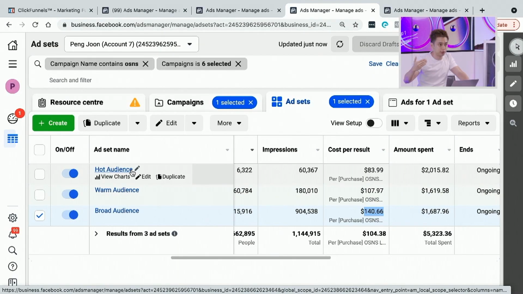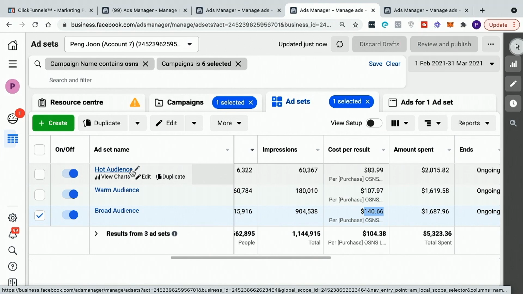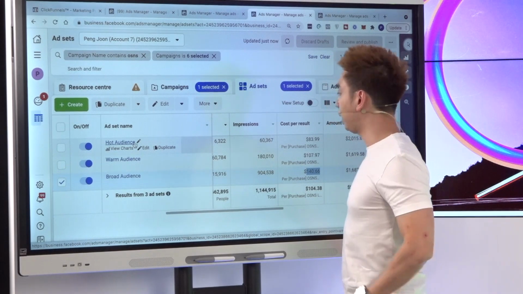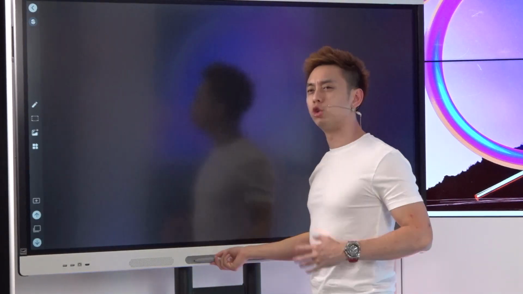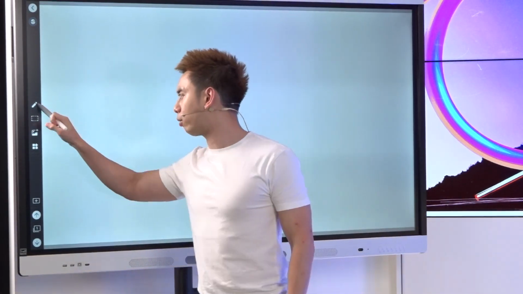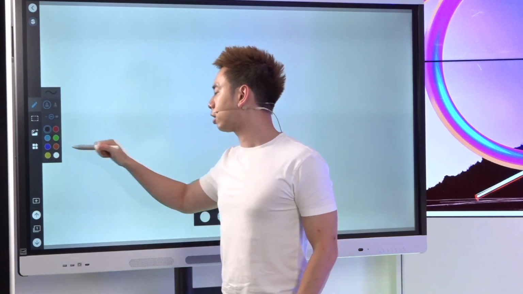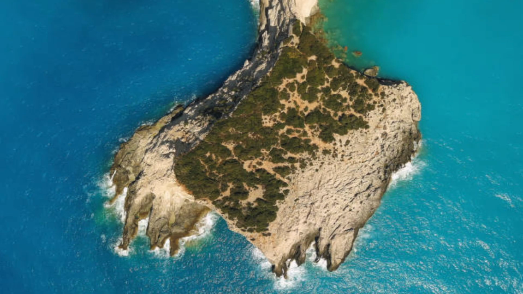These are hot audiences. Now, let me just show you on the whiteboard what this might look like, so that you'll be able to understand what we're doing over here. I would like you to imagine that right now, we are on this huge island, and there is this really experienced fisherman, and I'm going to do my best utilizing this analogy.